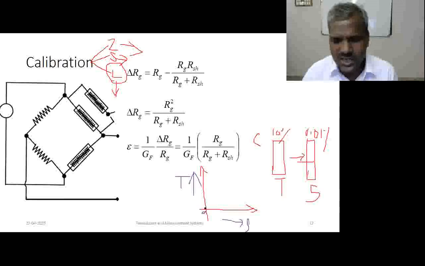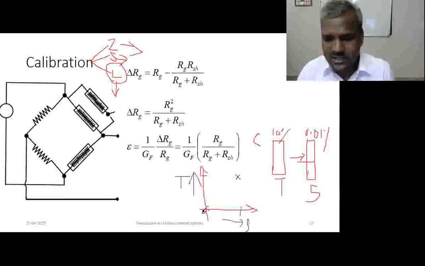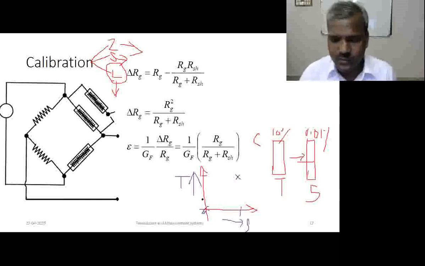It is also giving 0. It is okay. Next, we apply the maximum value, the span value. Check the instrument. It also shows the same value. So the instrument responds to both levels, the zero check as well as the span check.